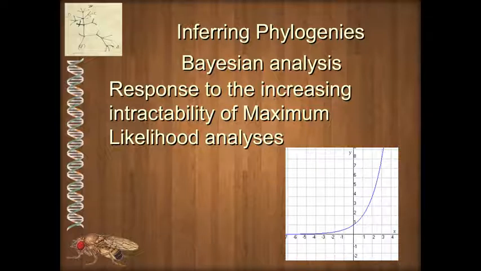We want to be able to do that in an amount of time that is reasonable, particularly as our data sets are getting bigger and bigger and we're able to gather lots and lots of genetic data. Bayesian analysis was largely an answer to that. But it is also a different theoretical approach, albeit using statistics and models of evolution, than maximum likelihood.